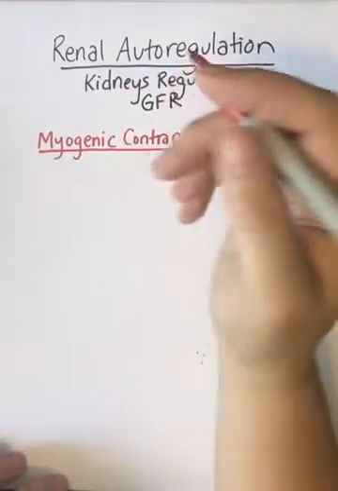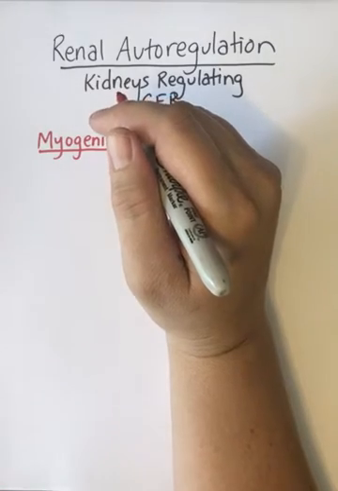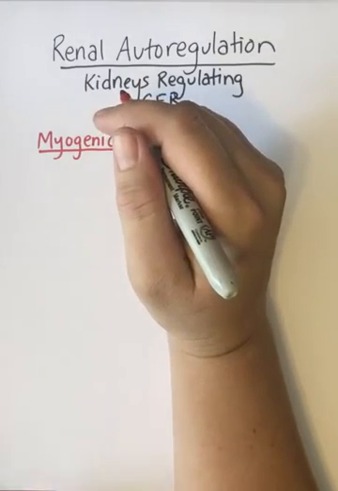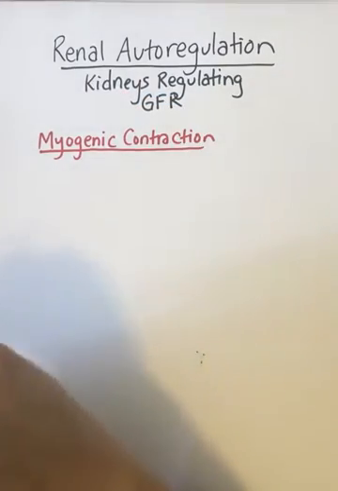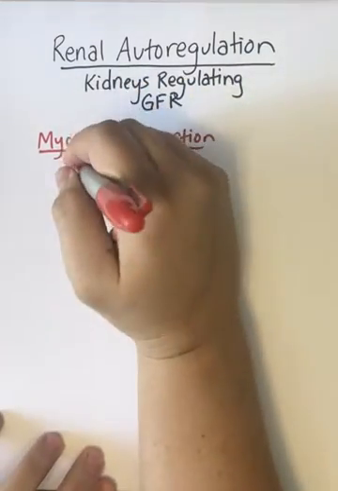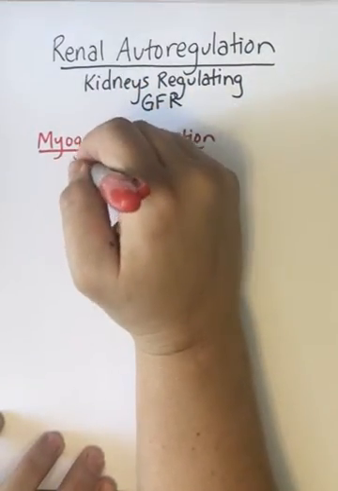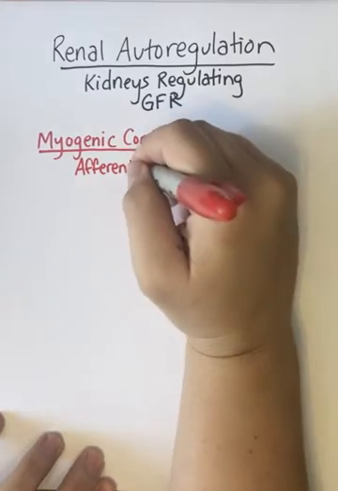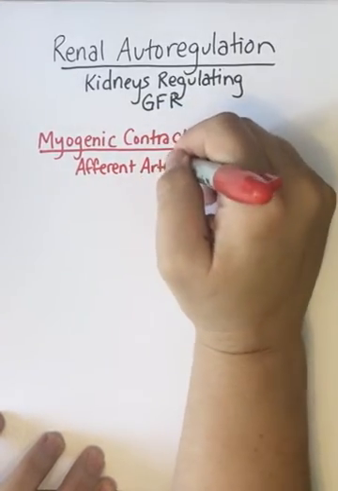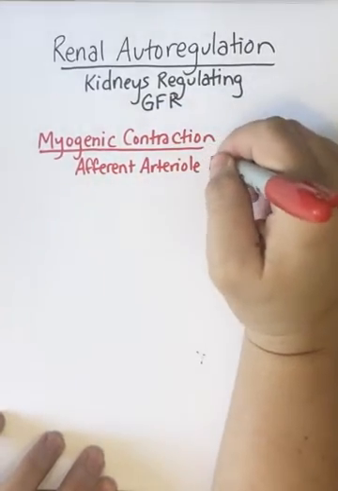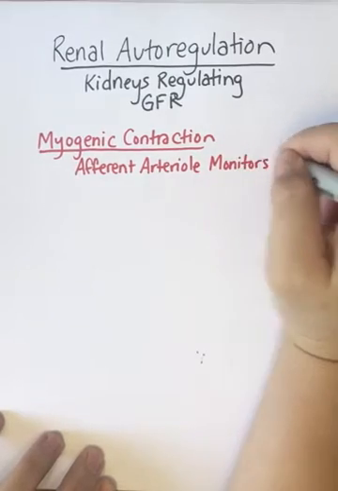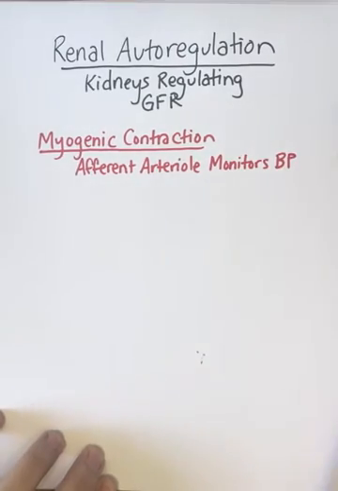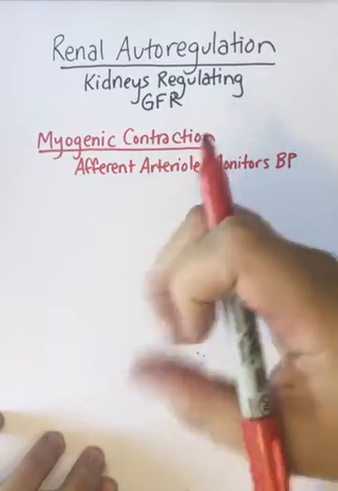Your afferent arteriole is going to be responsible for detecting your blood pressure changes. It monitors your blood pressure. These are going to be like stretch receptors.